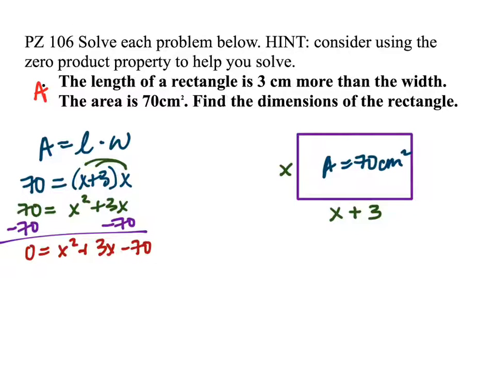Now I'm going to go through this process and factor this quadratic equation. Again, I have an x squared plus 3x minus 70. If I was to use my decision tree, it would tell me there is no GCF. It also would tell me that I have 3 terms, and the first term coefficient is 1. So that tells me I have third term factoring that I'm working with. So in doing that, I'm going to find the factors of negative 70 that add to a positive 3.